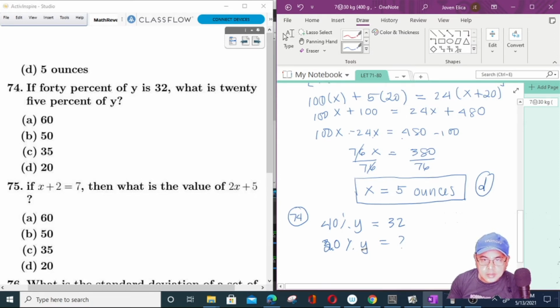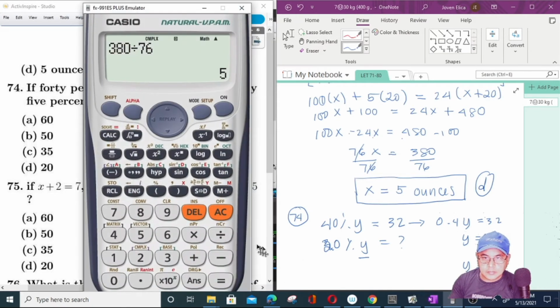So in order to solve 20% of y, we can solve the value of y from here. So 0.4y is equal to 32. y is equal to 32 over 0.4, 32 divided by 0.4 (40%, 0.4).